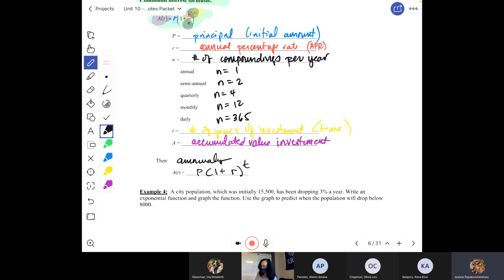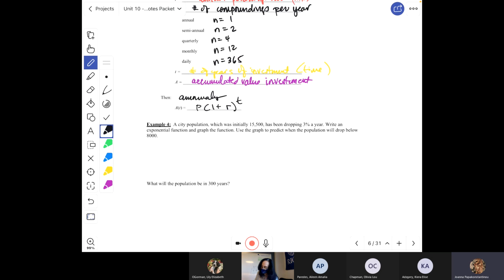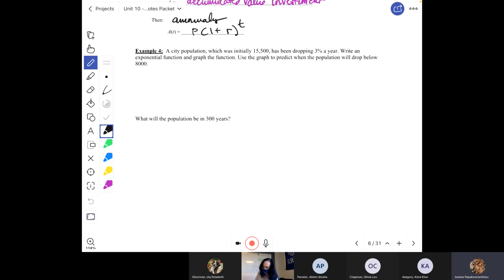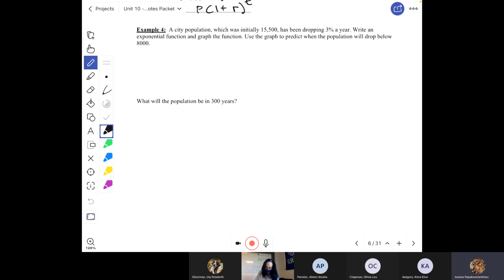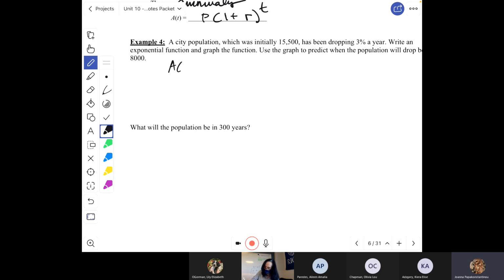So let's look at an example. So this one has to do with population. Let's see if we can read it and interpret the different pieces of information and how that applies to our formula. So our formula that we're working with is A of T equals P times 1 plus R to the T. A city population which was initially 15,500.